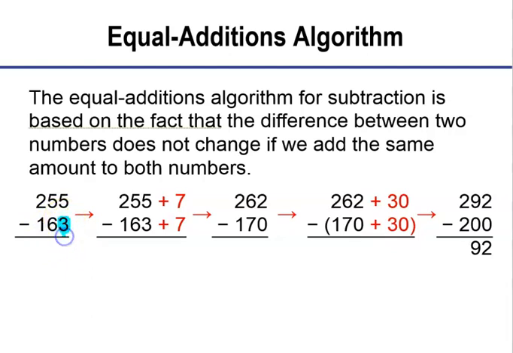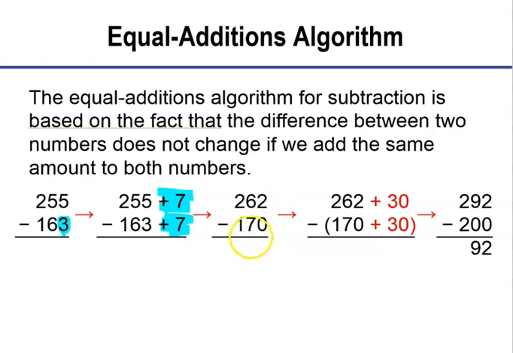So again, I see this 3. I'm going to add 7 to 163 to make it 170. But to do that, I have to equally add 7 to our minuend. So I add 7 to our subtrahend, and I add 7 to our minuend. And this is an equivalent subtraction problem. All right, so when I do that, that's going to give me subtracting 170 from 262.